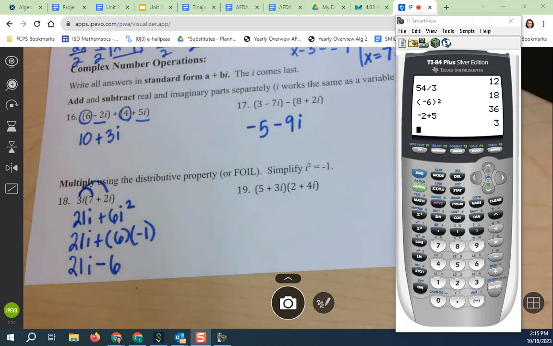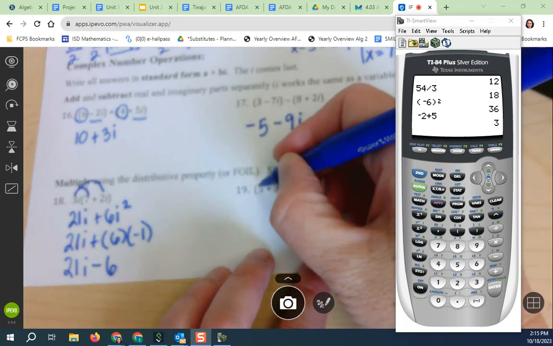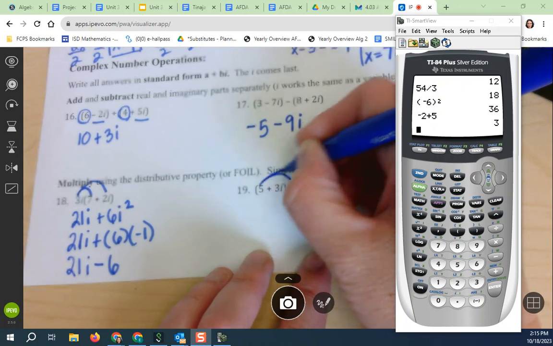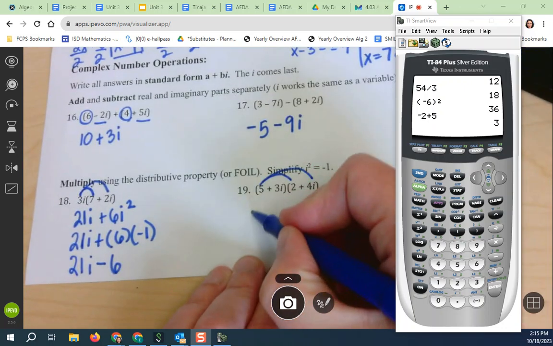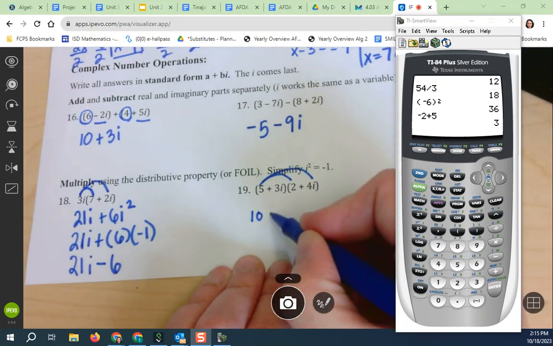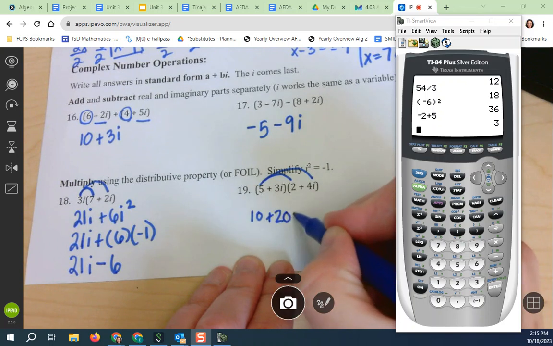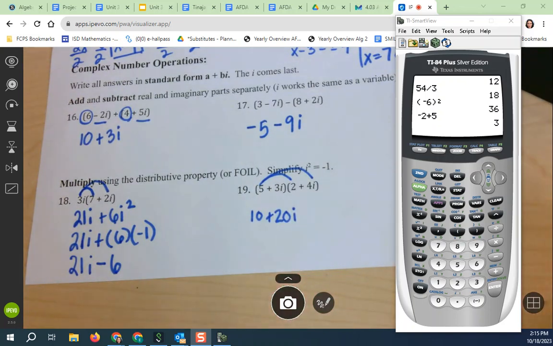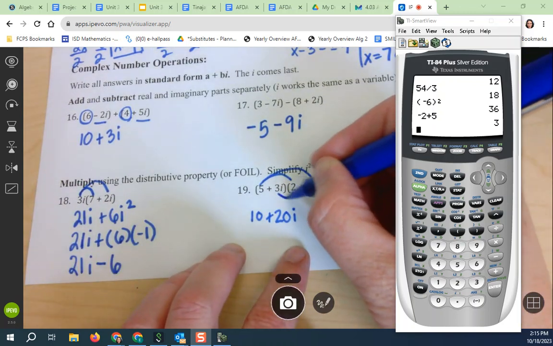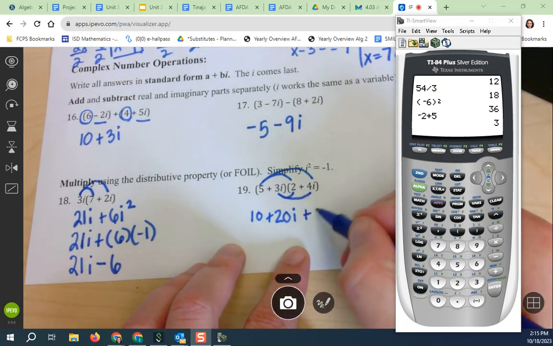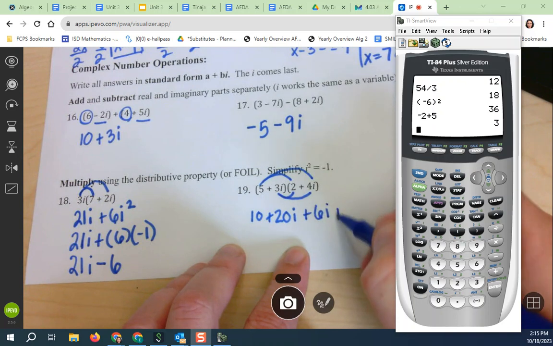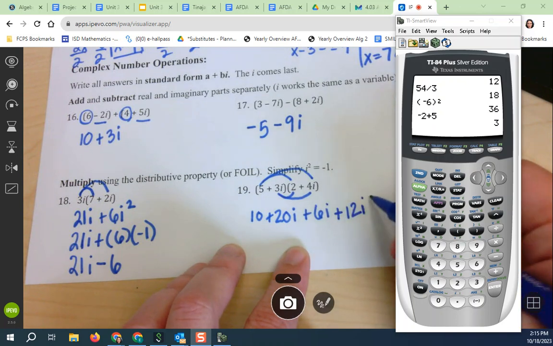All right, and then I'm going to distribute here as well. So I'm going to do 5 times 2 and then 5 times 4i. So I get 10 plus 20i. And then I'll distribute the 3i. So I have 3i times 2 and 3i times 4i. 6i plus 12i squared.